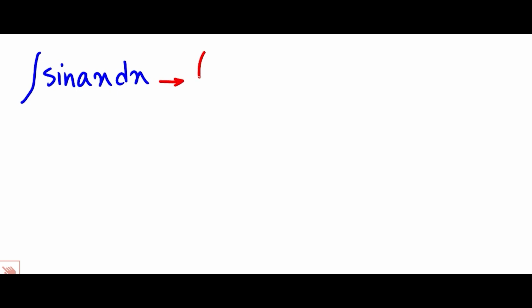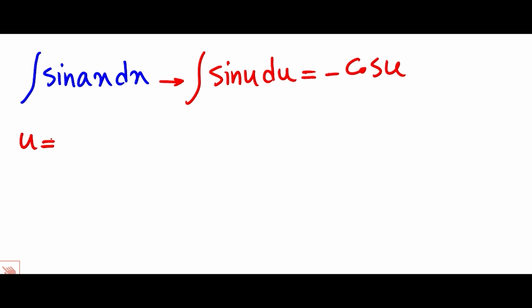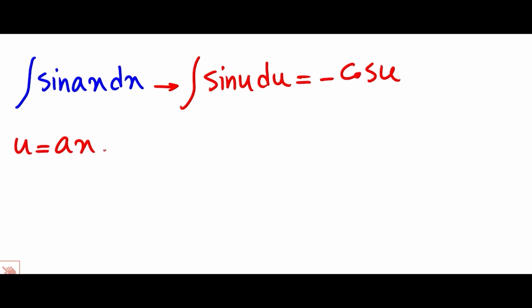As you know, the integral of sine of u with respect to u equals negative cosine of u, right? So let u equals ax. Then du equals a dx. I differentiated both sides, right?